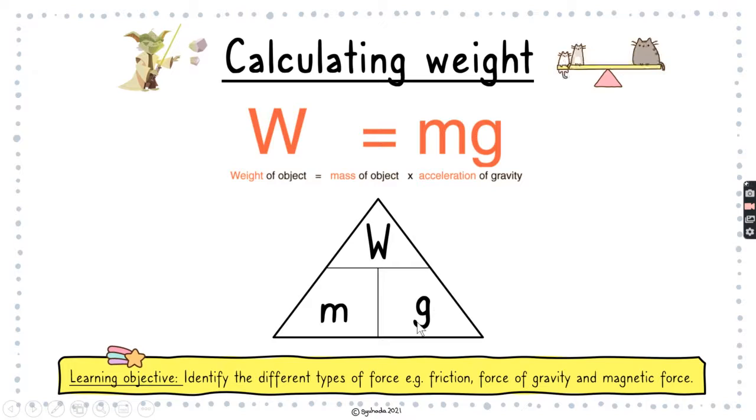And if they are next to each other, you multiply them. We're going to learn about how to use this triangle in the future. So this is just an introduction for you to remember. For now, please try to recall that weight, which is a force, equals mass times gravity.